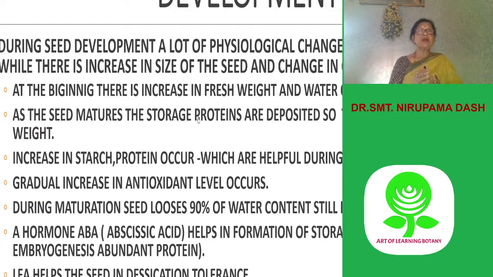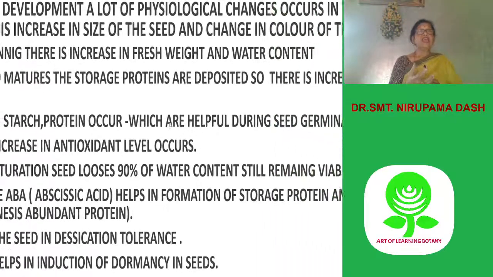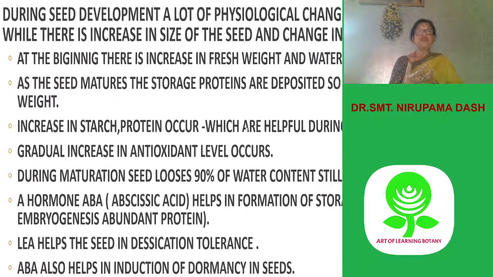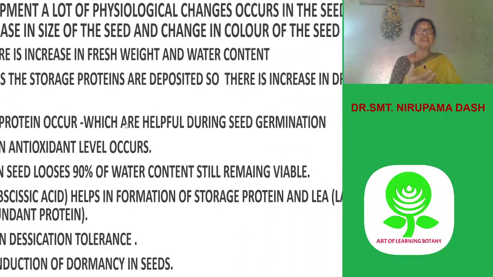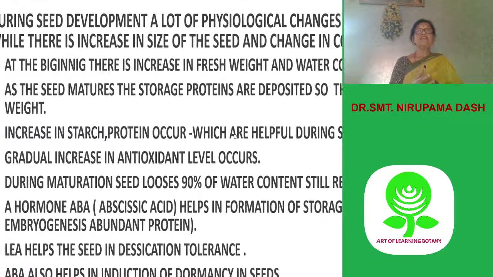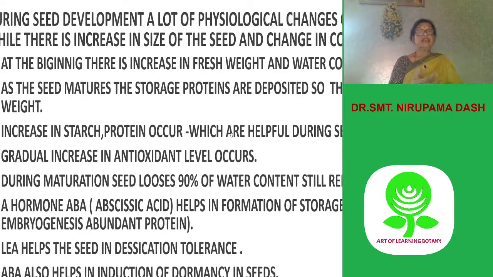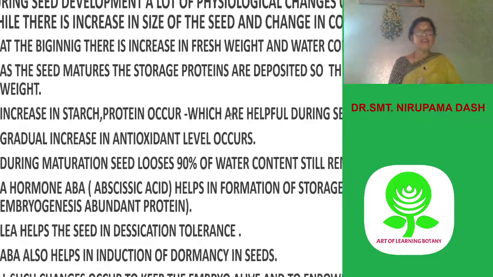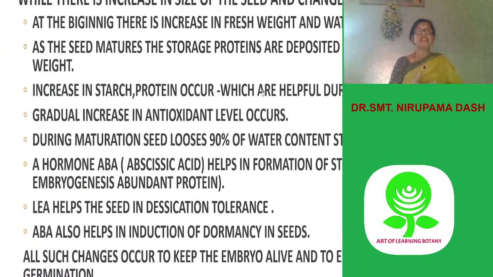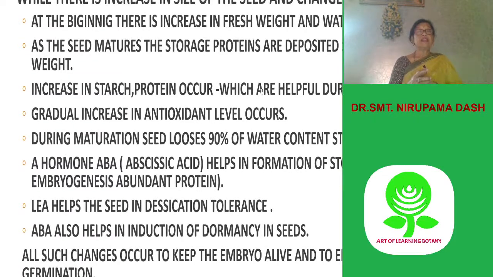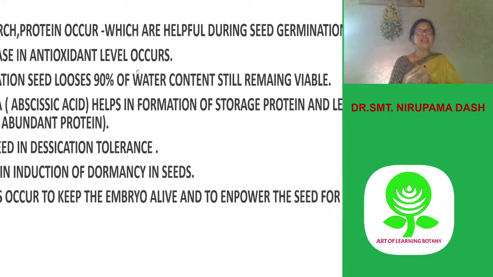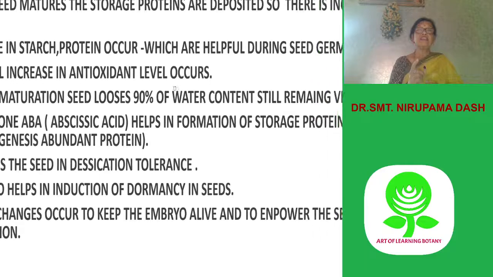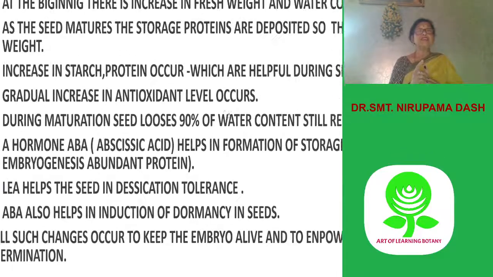During this development, there is an increase in fresh weight, water loss, development of storage protein, an increase in dry weight, and an increase in starch and protein, which are helpful for seed germination. There is also an increase in antioxidant level, and during maturation there is a loss of 90% of the water content of the seed, and still the embryo remains viable and the seed is living.